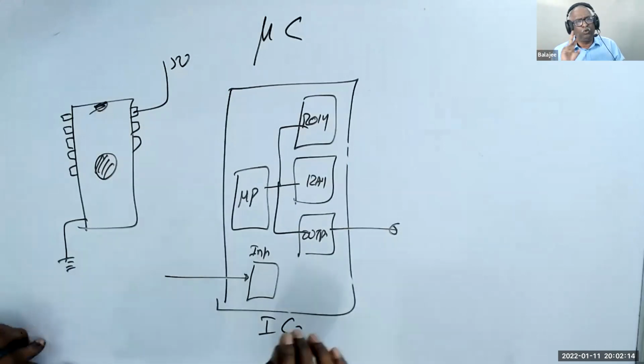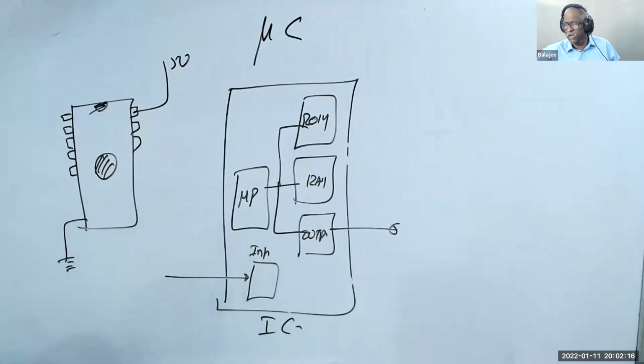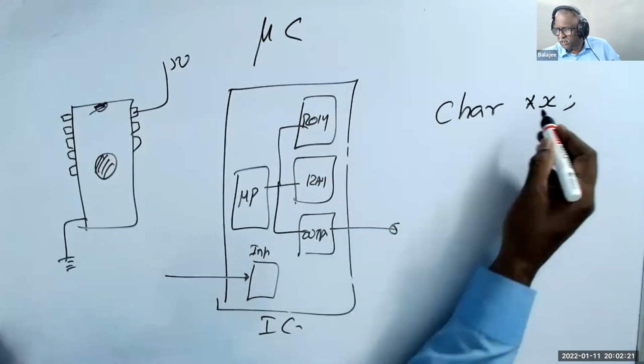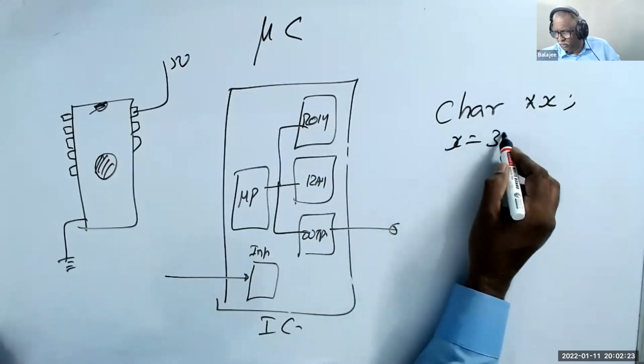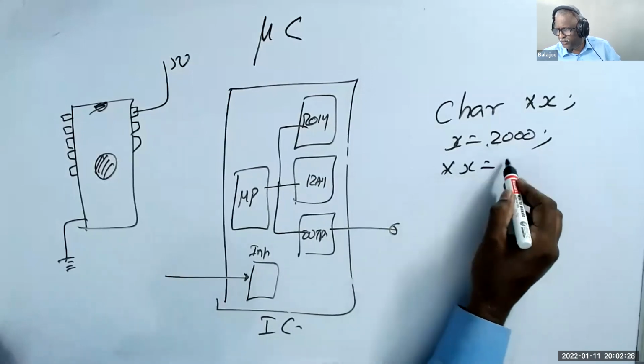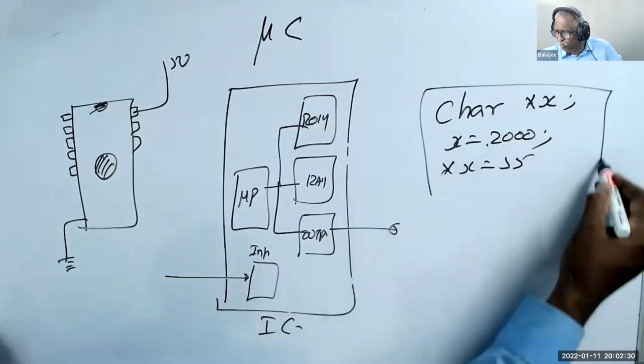With the help of only two statements in software. One is star X, where X is equal to 32, some address; star X is equal to 55. This is for output.